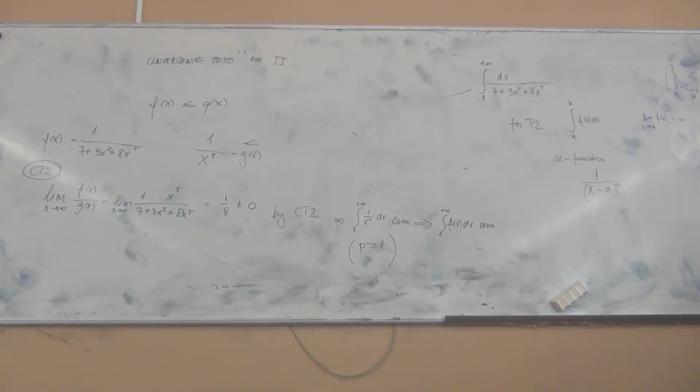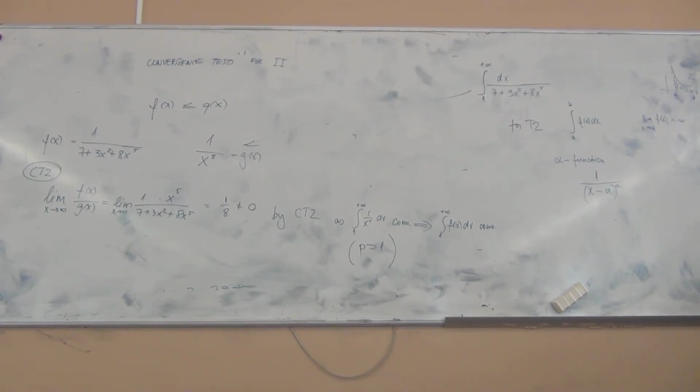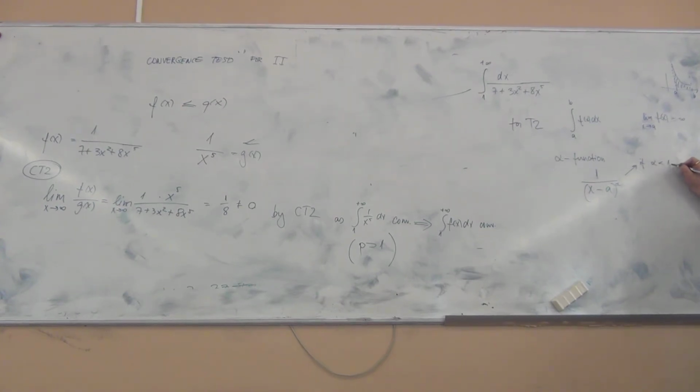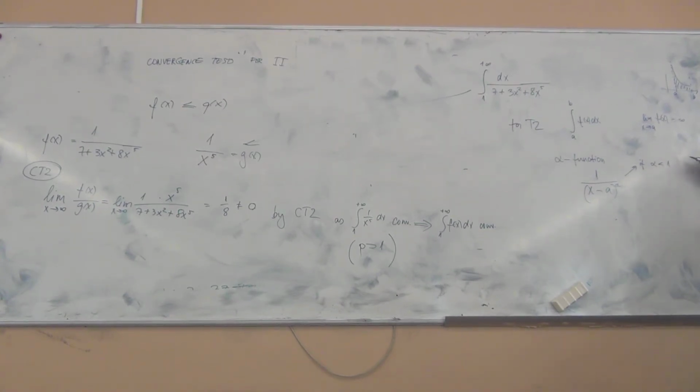With the alpha function, if alpha is less than 1, then the integral converges, and if alpha is greater than or equal to 1, then this integral diverges. So it's the other way around. For the p function, p had to be greater than 1 for the integral to converge.